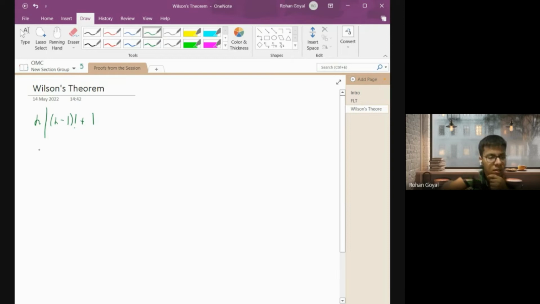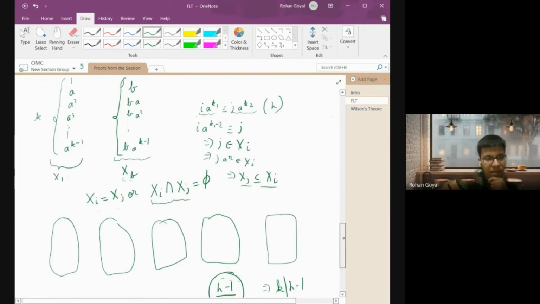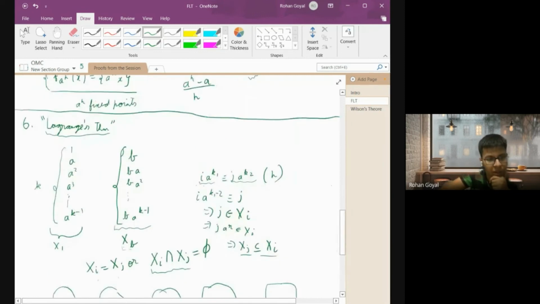Now, one thing that we saw previously is that if we consider powers of a, we are eventually getting back to 1, right? So there is some element such that a to the k minus 1 into a is congruent to 1 mod p.